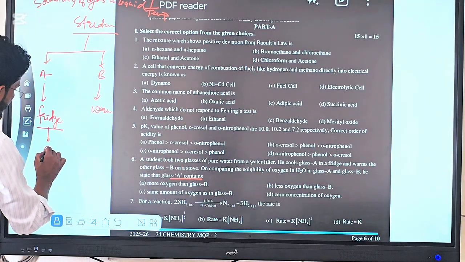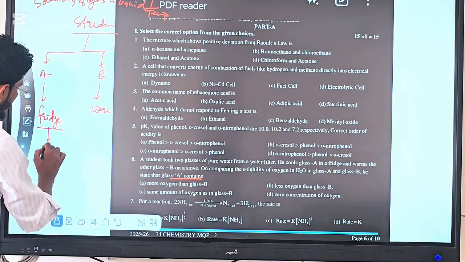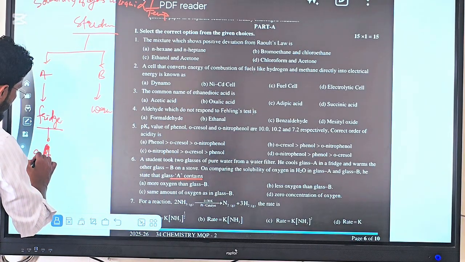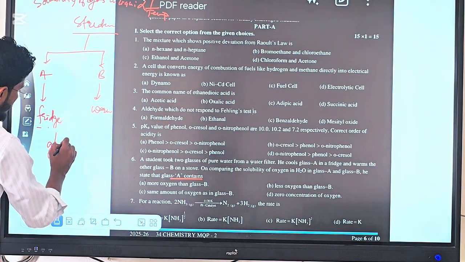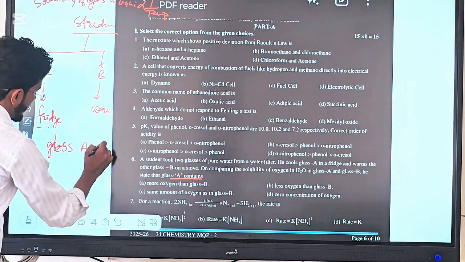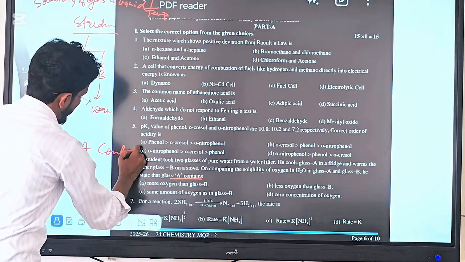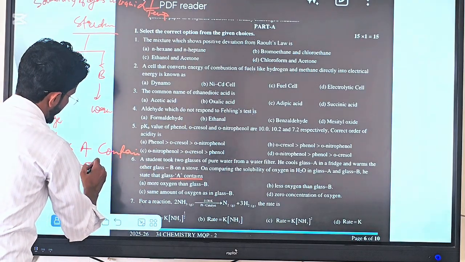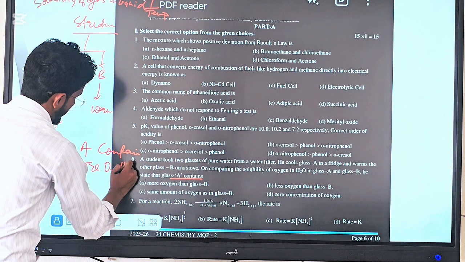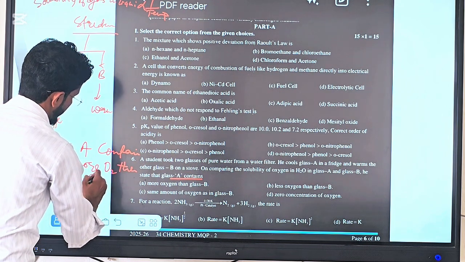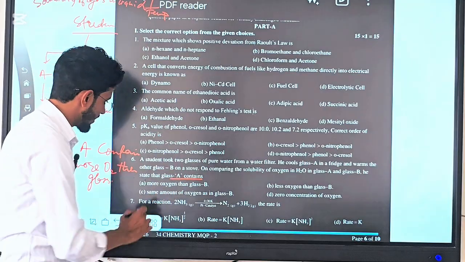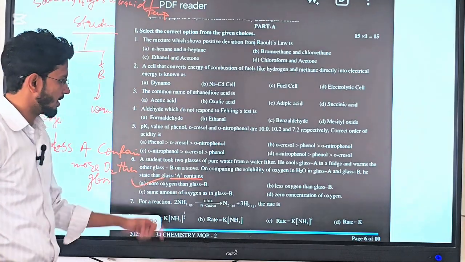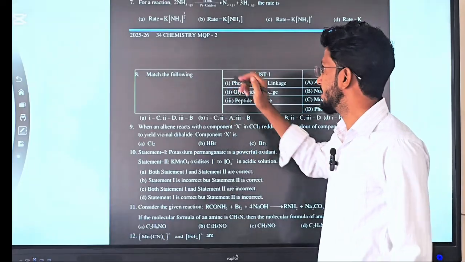That's why glass A contains more oxygen than glass B. Which answer will be correct? That glass A contains more oxygen than glass B. Answer will be first.